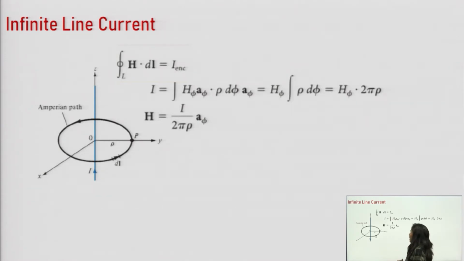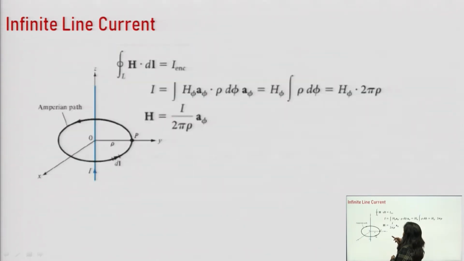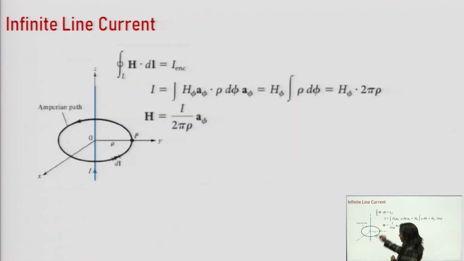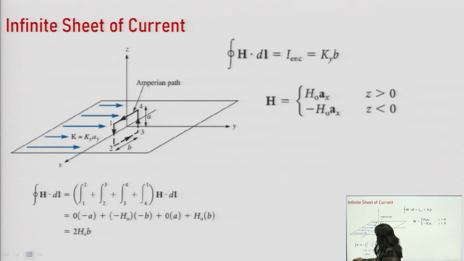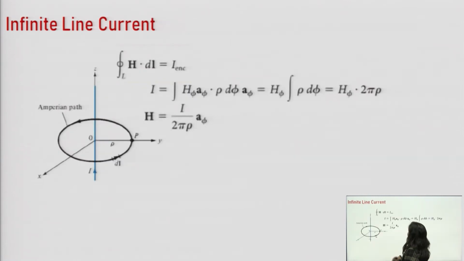Now we know that according to Ampere's law, closed integral of H dot dl is equal to the total current enclosed. Here dl is a small elementary part of the Amperian path.